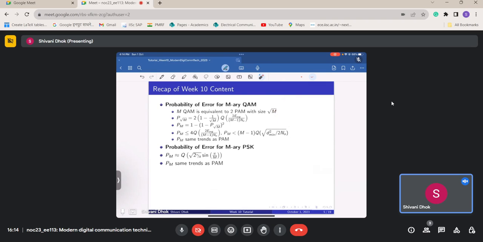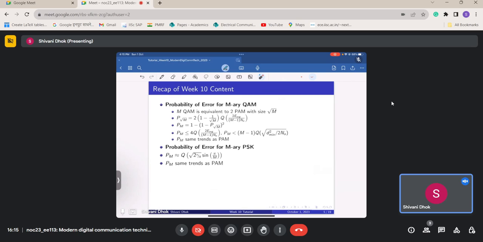For a constellation of size root M, the probability of error for root M-array PAM is given by this formula, and the probability of error is 1 minus the correct probability.